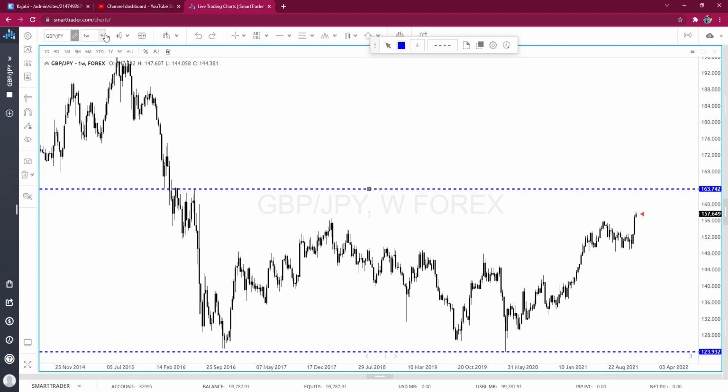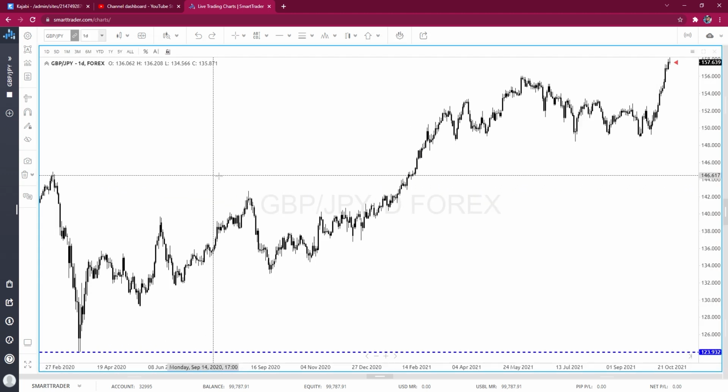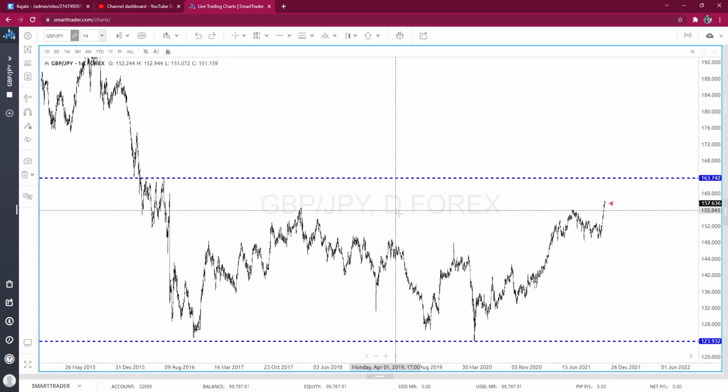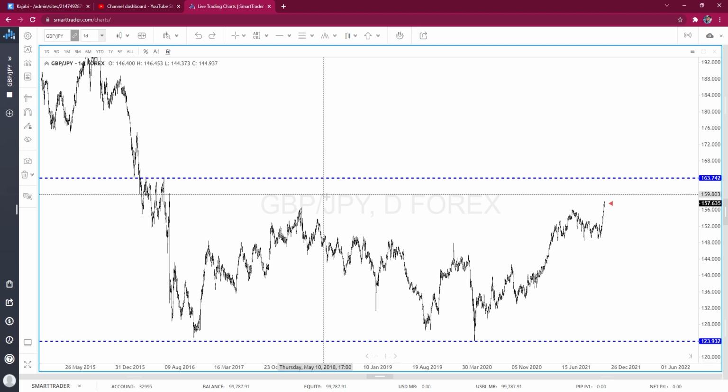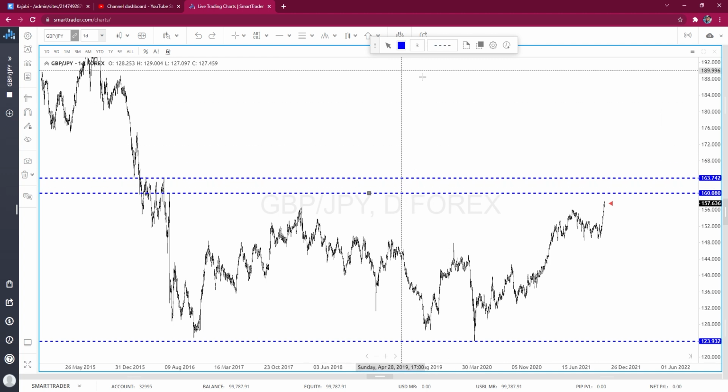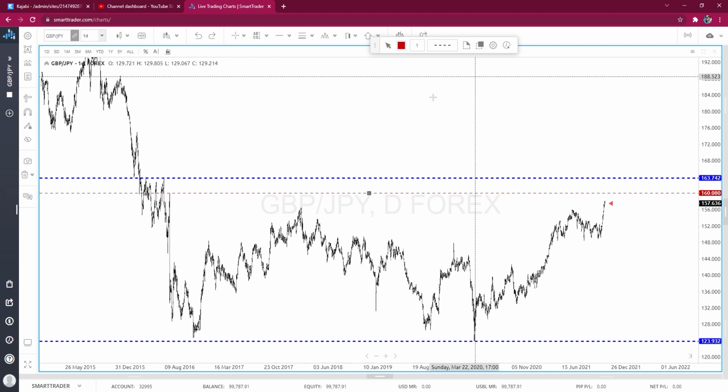I'm going to go down to the daily and I'm looking for the same thing again. And so I'm looking for my last swing high. And it looks like we got it right at 160 or just below, maybe 20 pips below. So I'm going to change this over because I am on the daily.